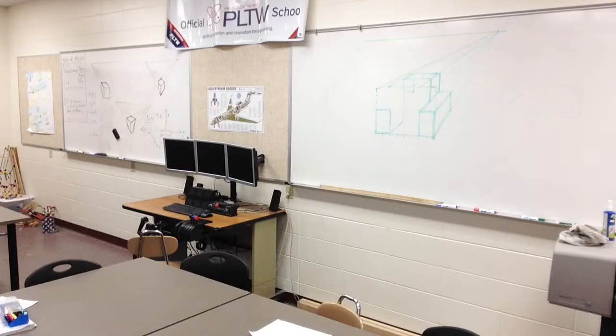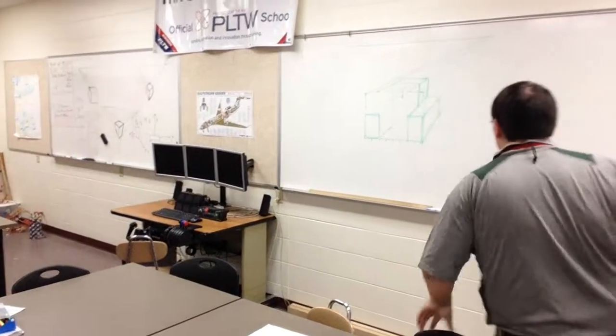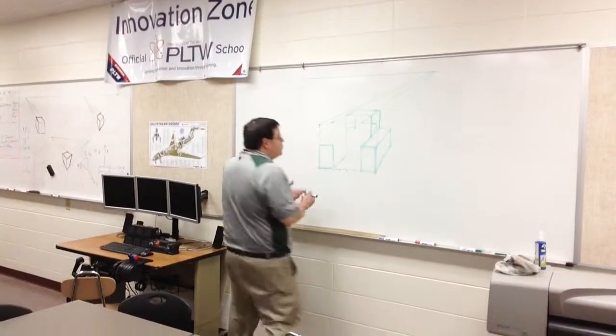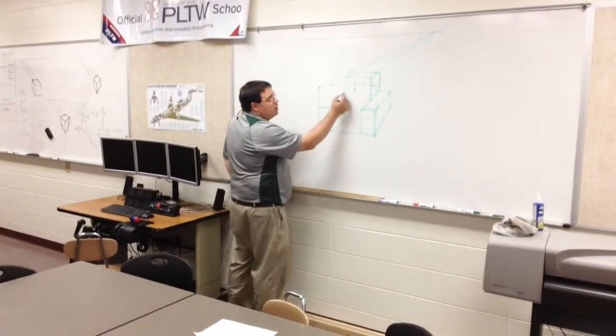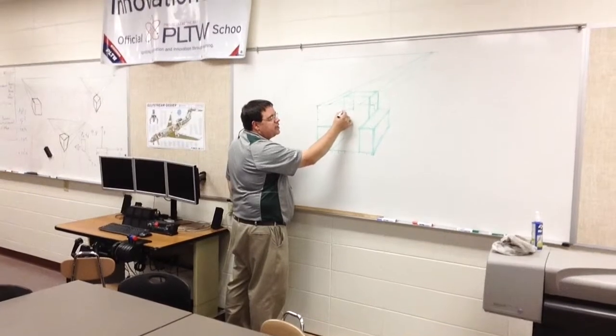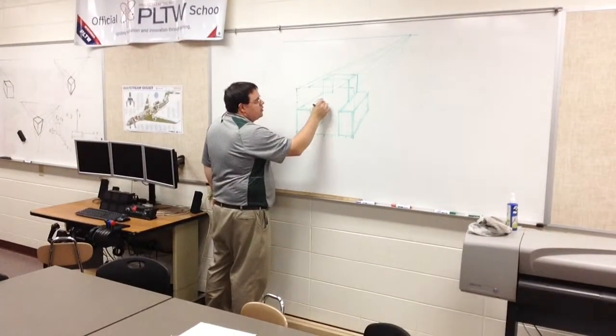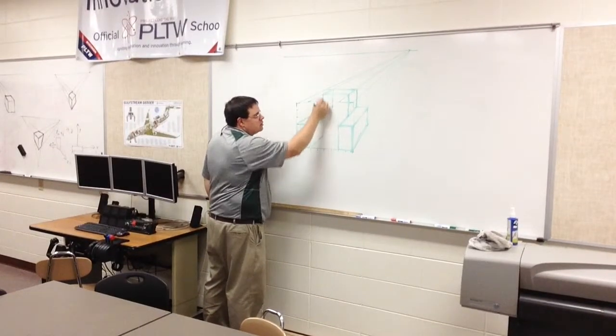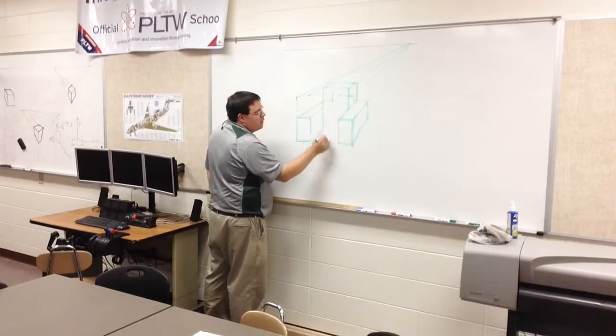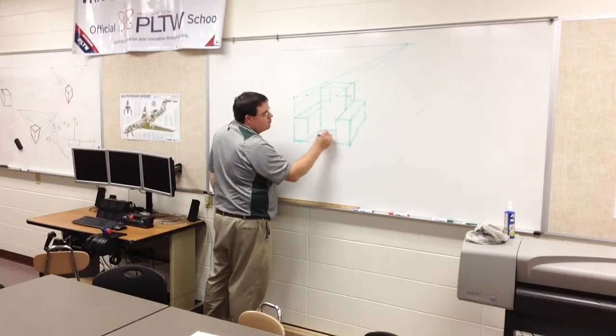All right, to finish this one up, this one's pretty much just done here. This back corner here is hidden, so I'm just going to darken these lines in here. This one goes here to meet this, and this vertical, and then there's just a horizontal that fills in the space here.